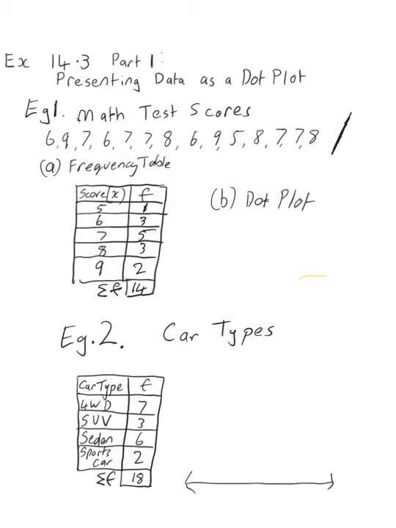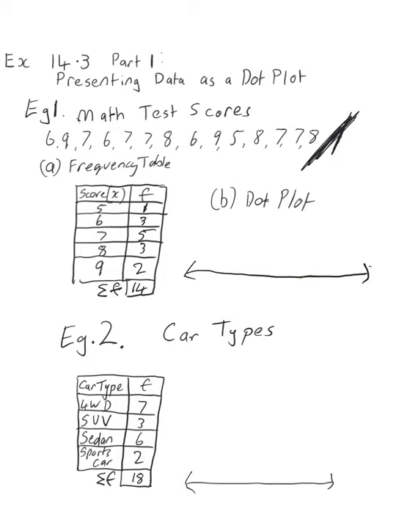All right, now that we've got our data in a frequency table, and you can do the dot plot either directly from the data, untabled data, or from the table. It doesn't actually matter, except that the questions do ask us to put it into a table sometimes. Now, a dot plot just has one horizontal line, okay, one axis.